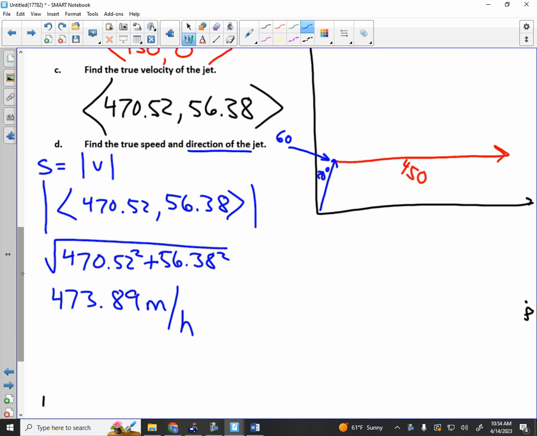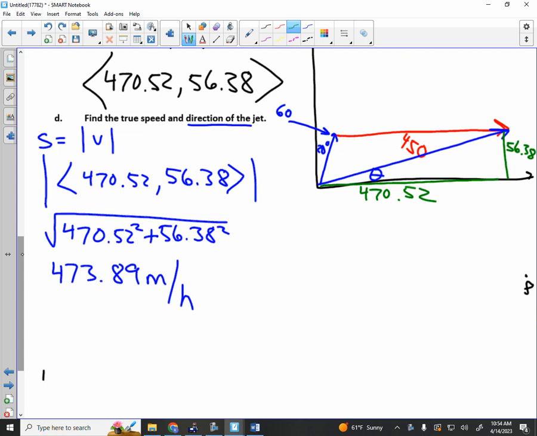So here's what we have. We have this is the true direction, where this is theta, and we know that we have a horizontal component of 470.52, and we know we have a vertical component of 56.38. Does anybody out there have a way for me to come up with theta? Hint, we've done it many times before.